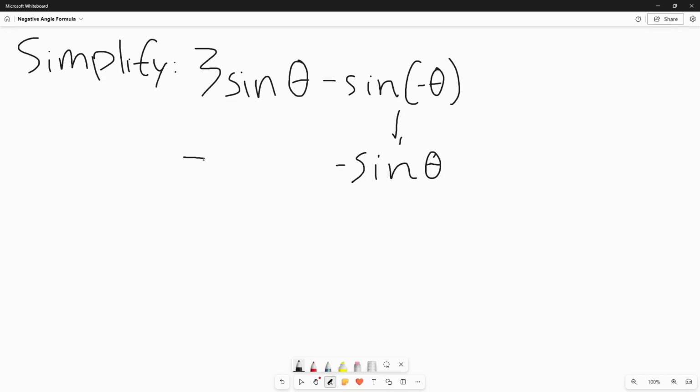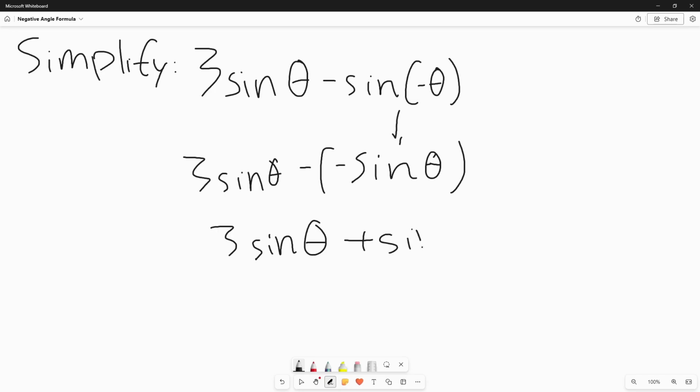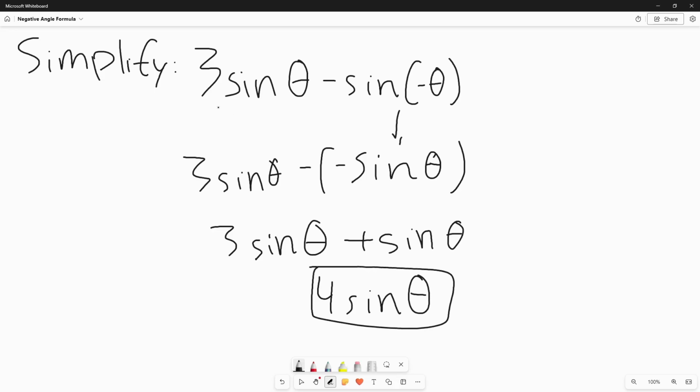So now we have 3 sine theta minus negative sine theta, and this is equal to 3 sine theta plus sine theta, and we get 4 sine theta, and that's our final answer. So 3 sine theta minus sine negative theta is equal to 4 sine theta, and we solve that using the negative angle formula for sine.